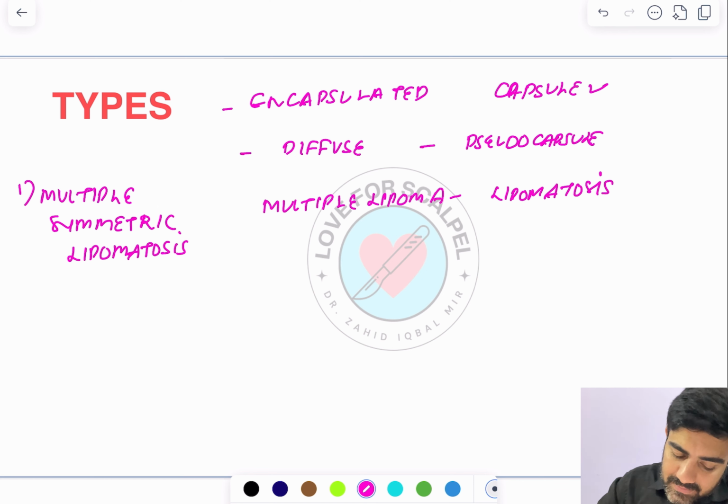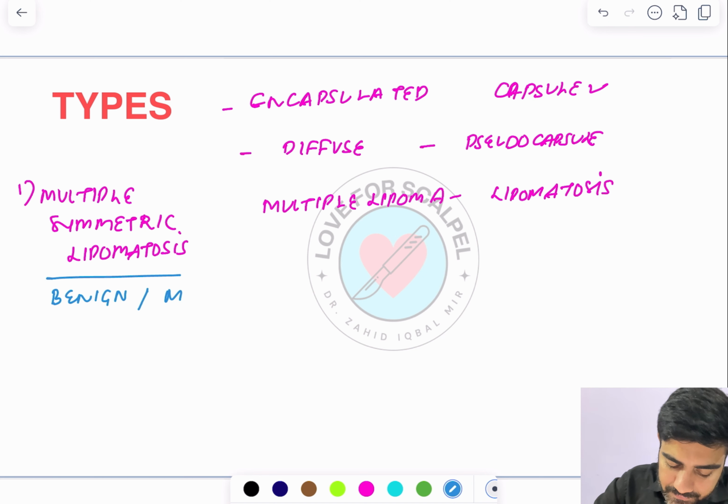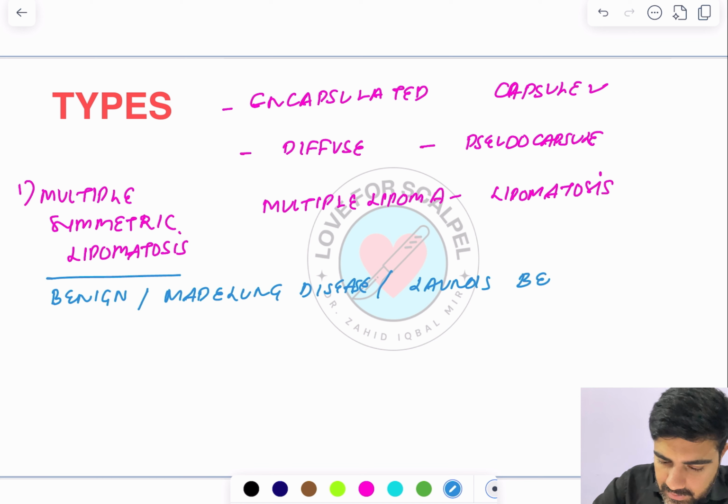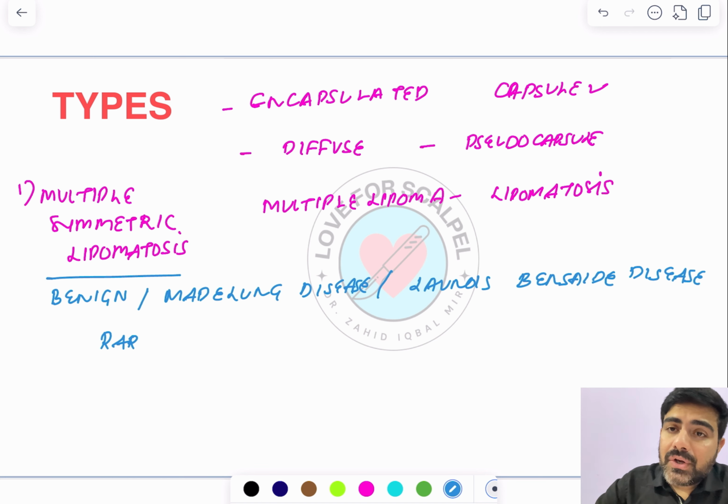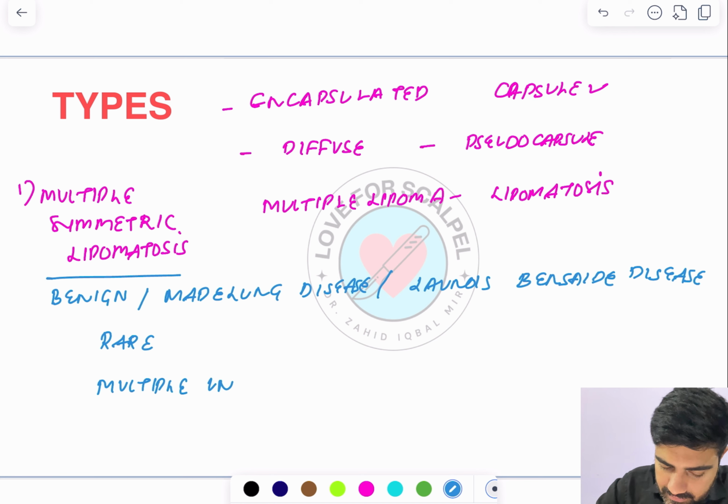This is also known as benign symmetric lipomatosis, also known as Madelung disease. This condition is rare with unknown etiology, and we have multiple unencapsulated fat deposits.